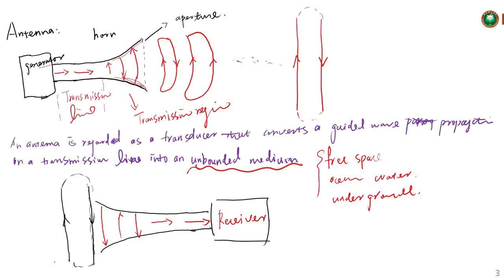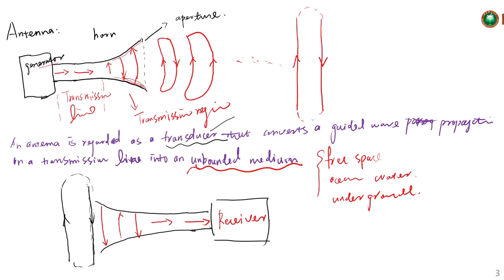So there is one parameter that we really need to consider, the antenna efficiency, right? For each antenna, the generator generates the energy and it is launched out by the horn. So there is a transformation from the generator to free space by the horn. That's why it is called a transducer here.